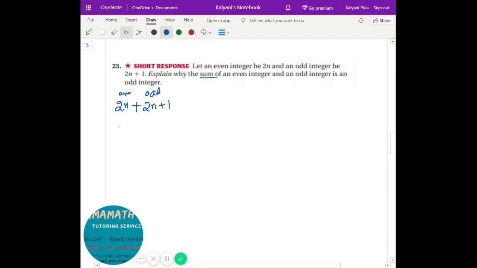That's going to be 4n plus 1, which I can write as 2 times 2n, plus 1. As you just mentioned, 2n is an even number, and any number you multiply by 2 gives you an even. Even plus 1 is always odd.